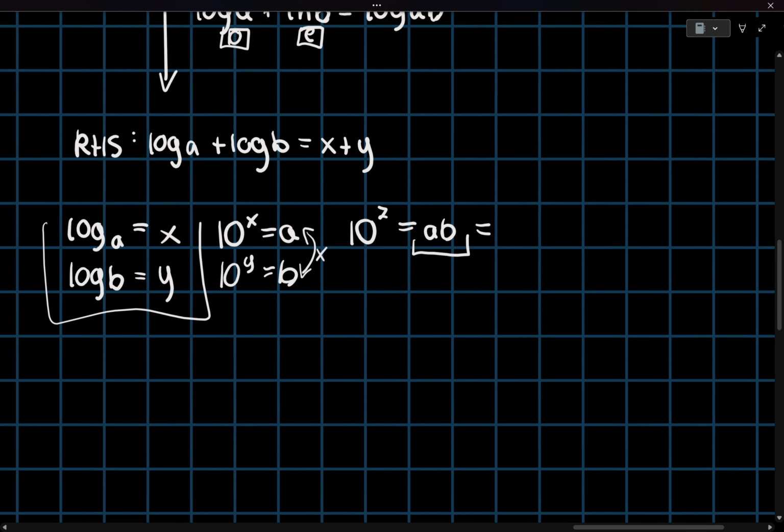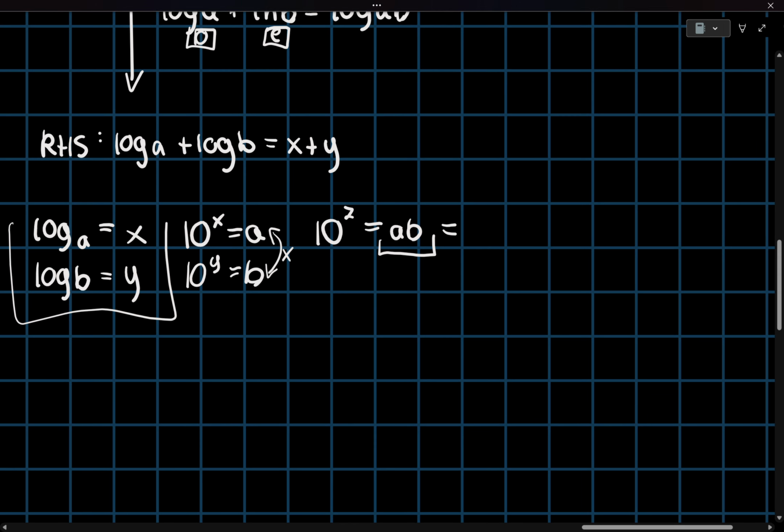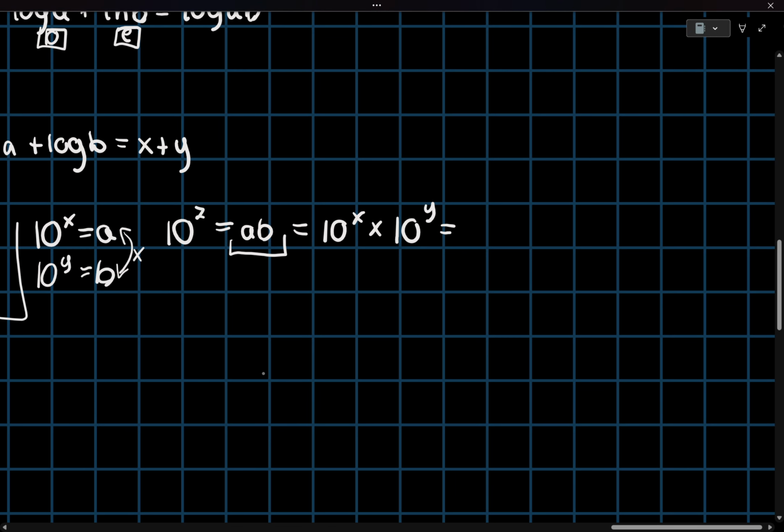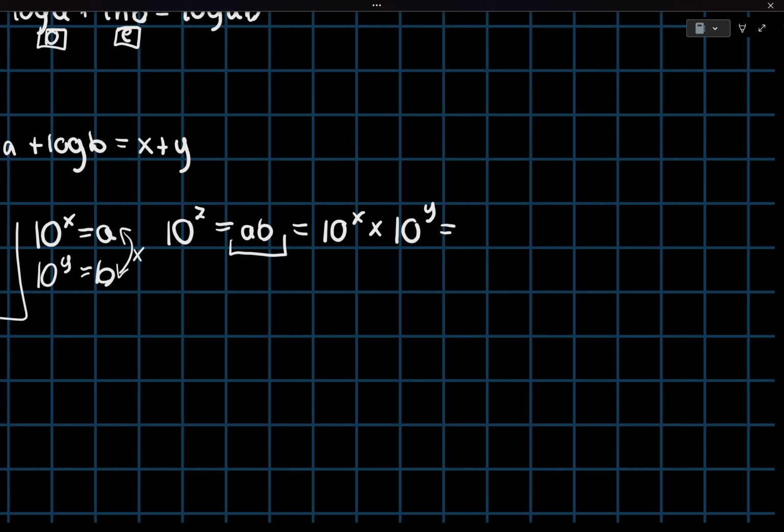So 10 to the power z equals 10 to the power of x times 10 to the power of y, because that's our ab. From this we get that, because when you multiply powers with the same base, you add up the powers.